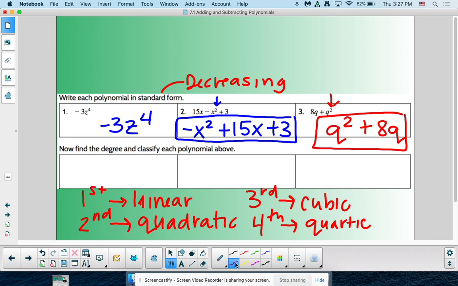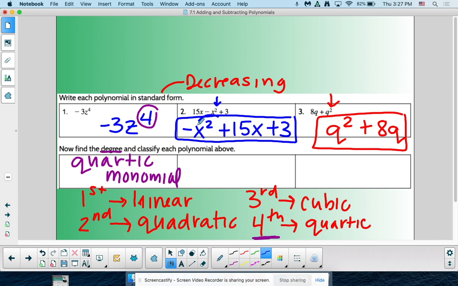Okay. So back to this first one, classify by the degree and by the number of terms it has. Since this is to the power of 4, if I look at my chart, the 4th power is quartic. And then since there's only one term, it's a monomial. Okay, our next one here.